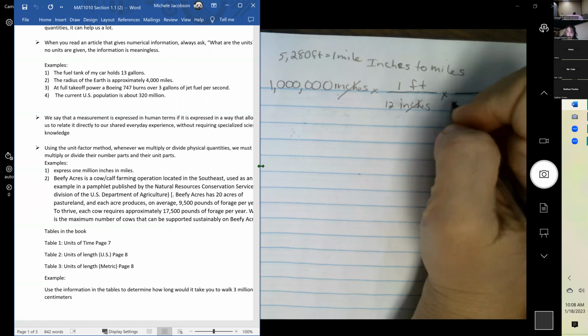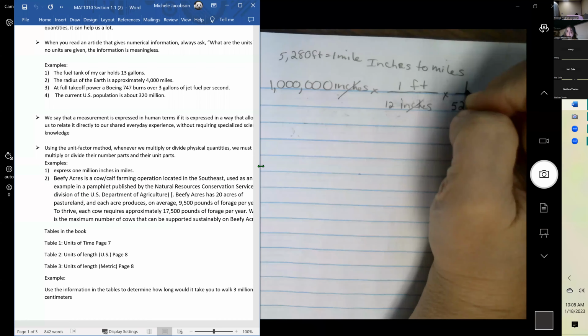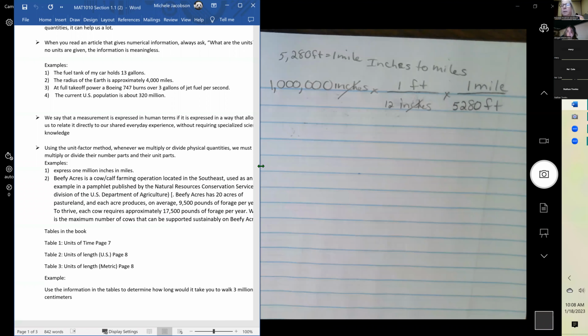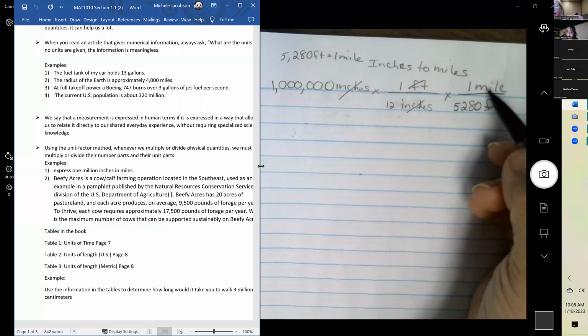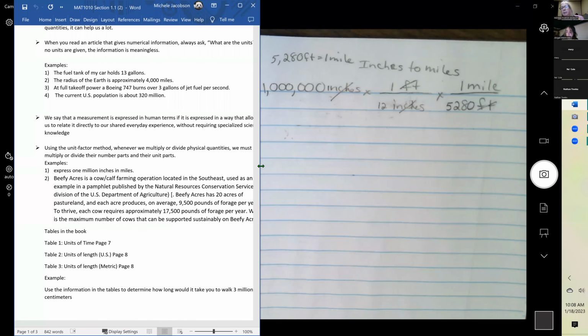So 5,280 feet is 1 mile. That way our feet cancel and we're left with miles. So by setting up these little proportions, it's called the unit factor method.